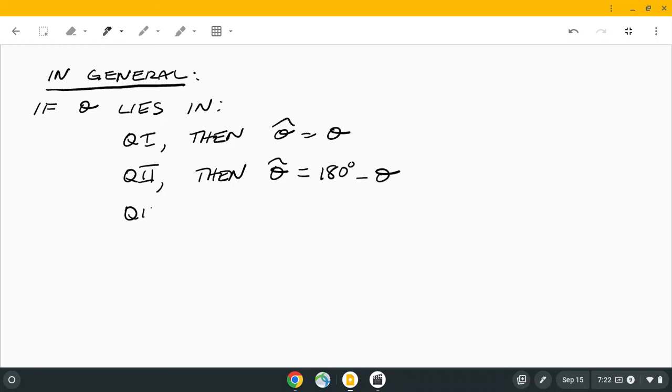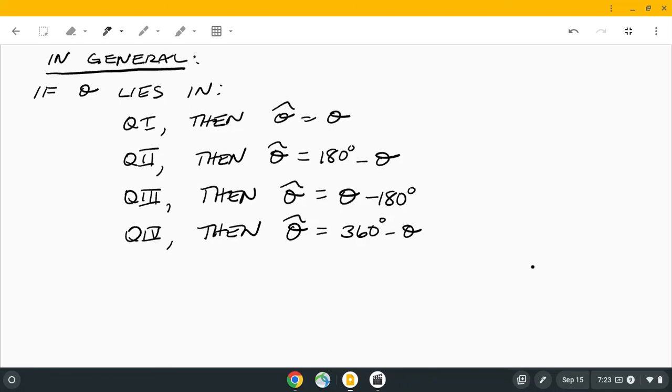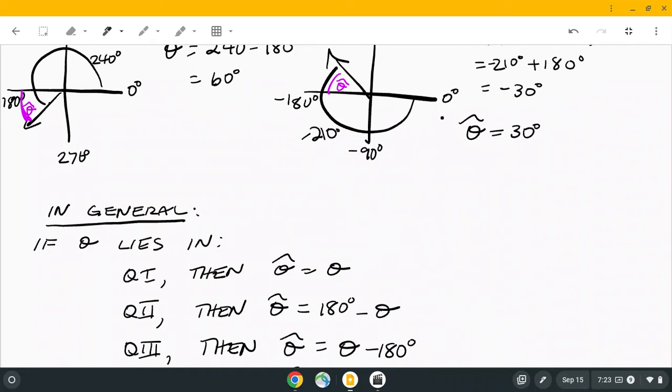If you're in quadrant 3, then theta hat equals theta minus 180. And if you are in quadrant 4, then theta hat equals 360 minus theta. Okay, so maybe that is helpful for some of you. You don't have to memorize this. You don't even need to know this if doing the drawing makes sense to you.